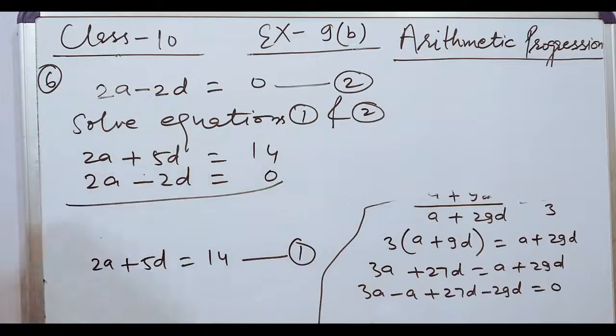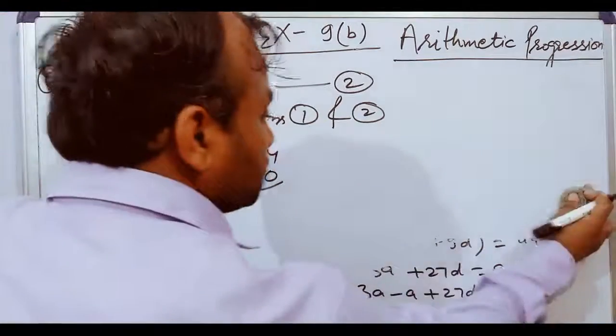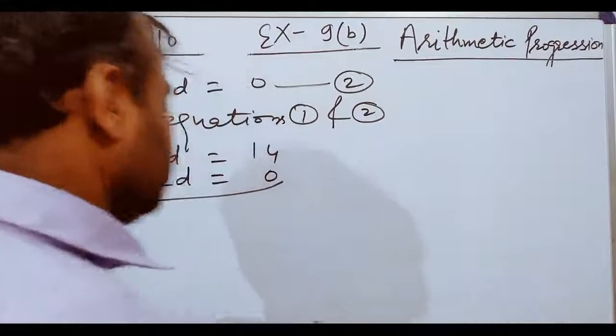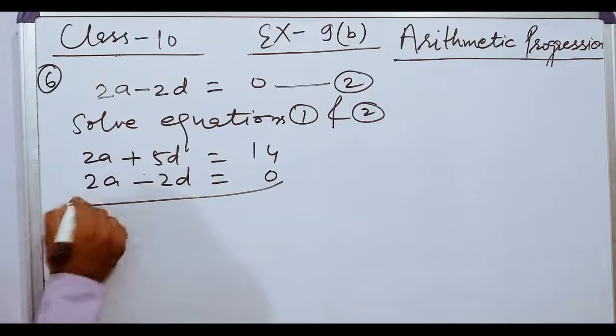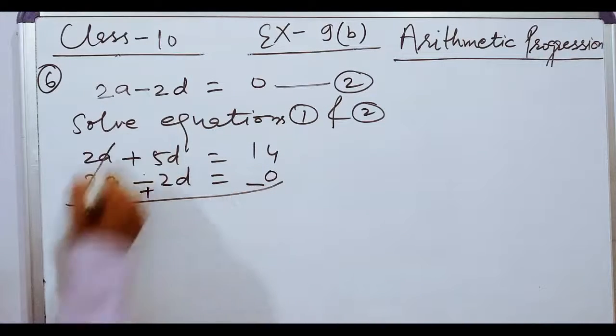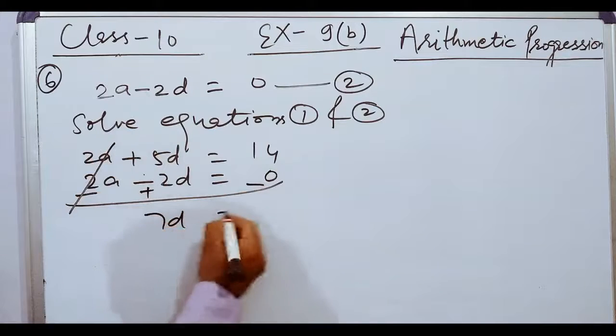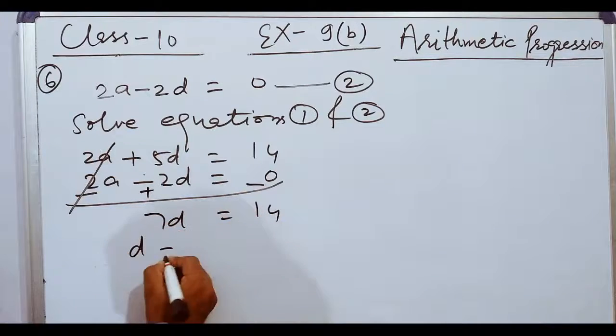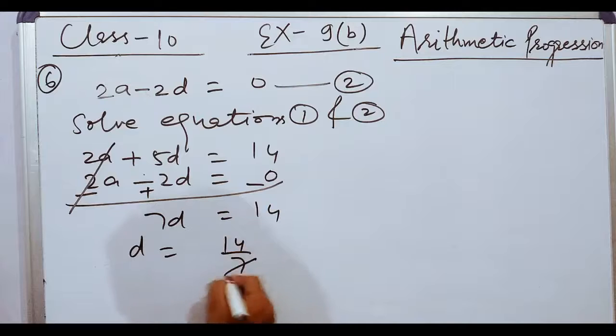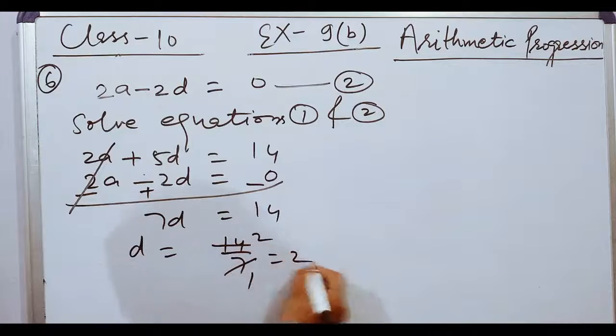Now dear students, change the sign, minus plus minus, the 2a cancels. 7d equals 14, d equals 14 upon 7, which is 2.